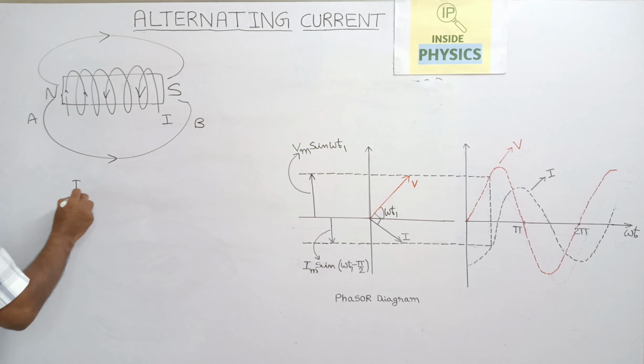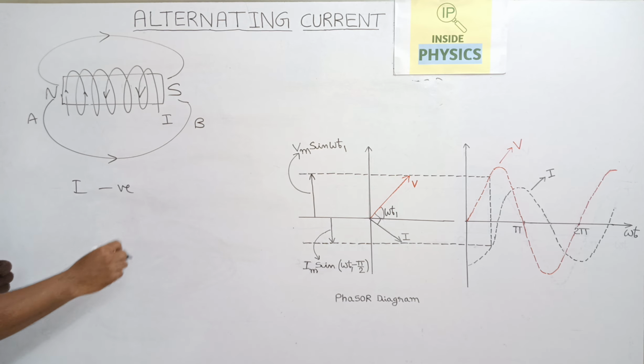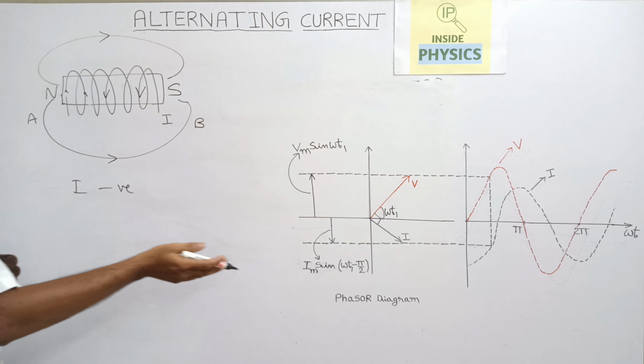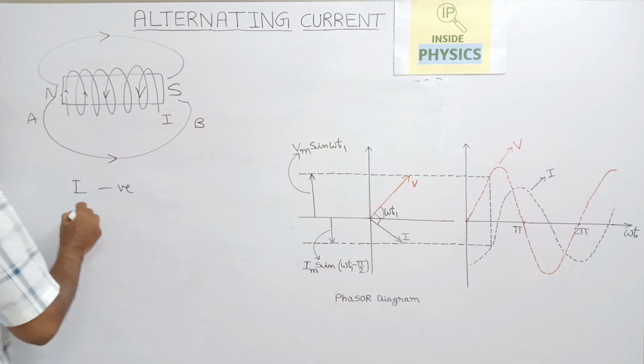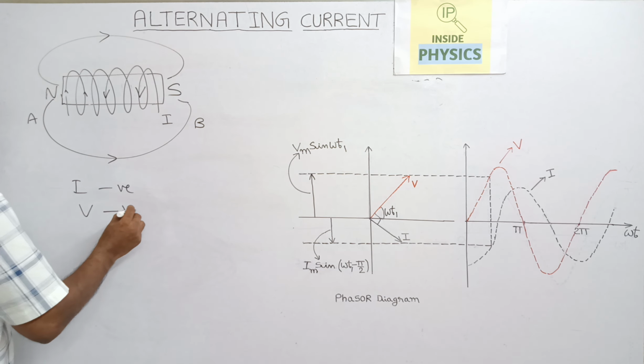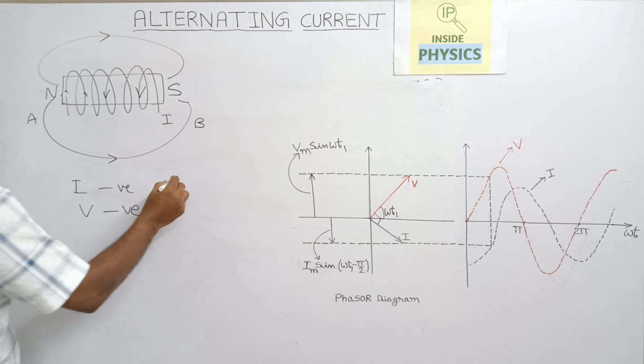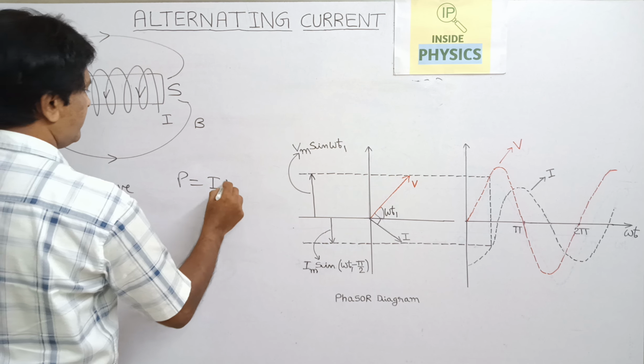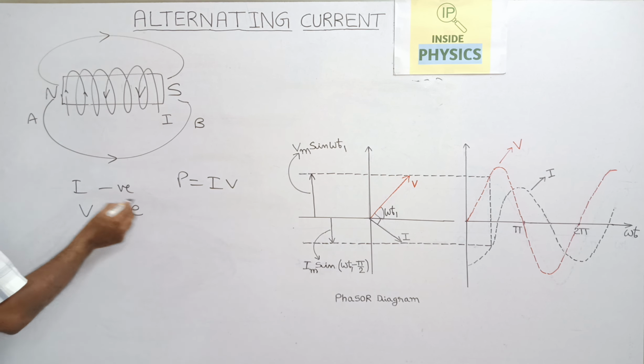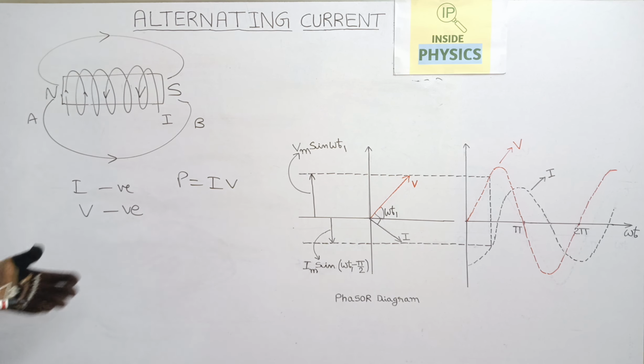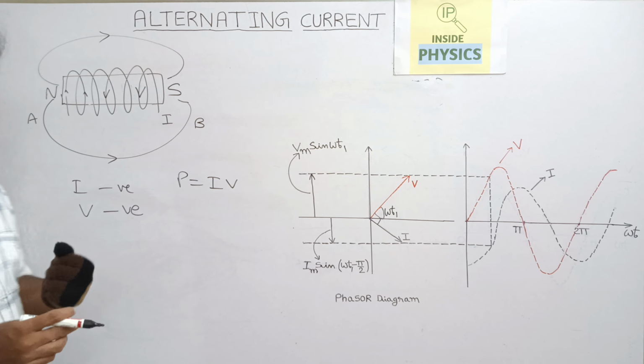So the current is negative and the voltage is also negative. The power, which is IV, negative times negative, is positive. So the power is consumed from the source.